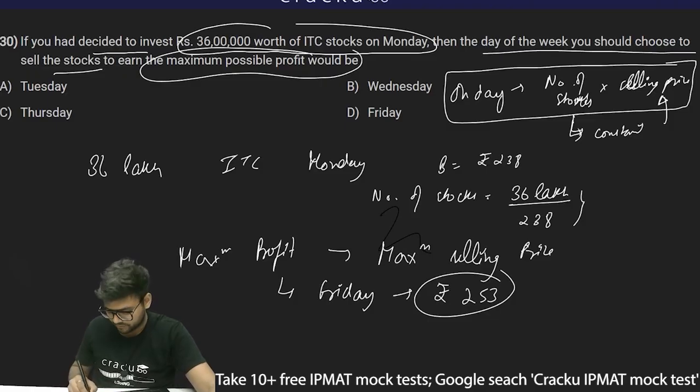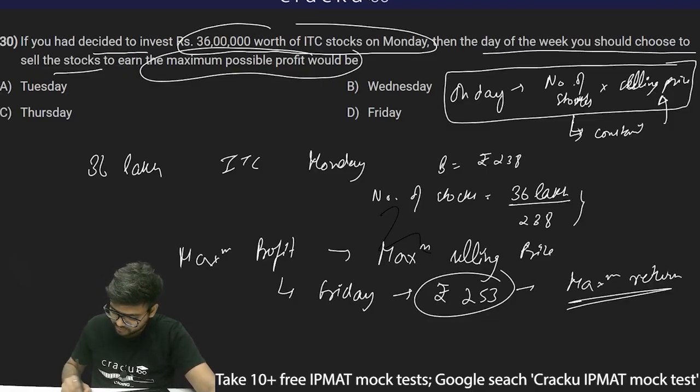This will give me the maximum profit, the maximum returns, because I am selling at the highest price. So 253 will be the amount at which I'll sell, and this is option D, which is Friday.